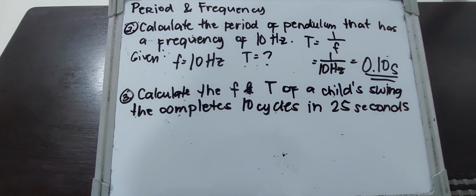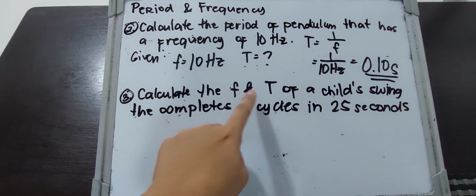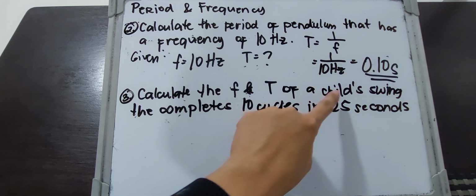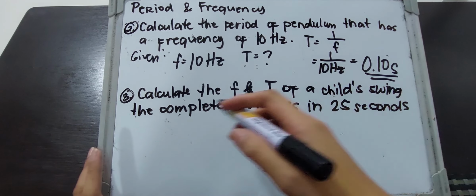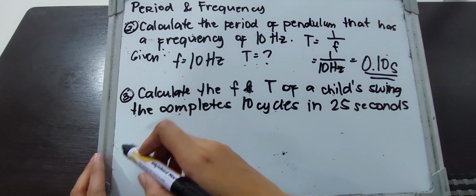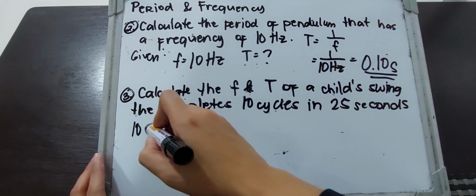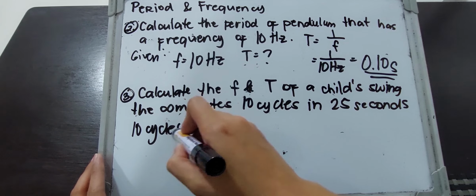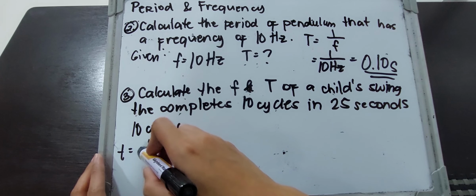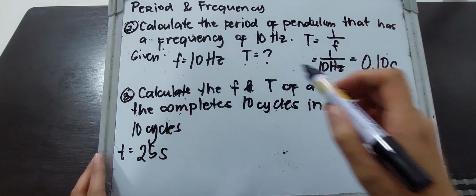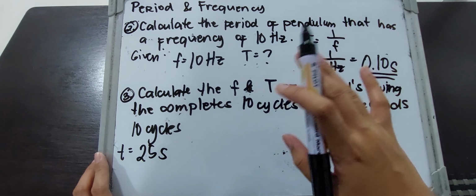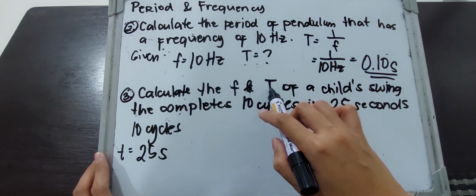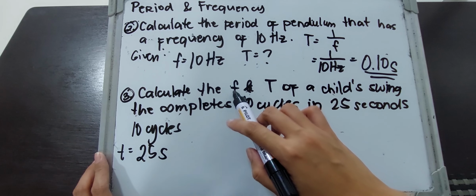So next one, calculate the frequency and the period of a child swing that completes 10 cycles in 25 seconds. So let us all write the given. We have 10 cycles and the time is 25 seconds. So we cannot get, or we will not get, the period if we do not have the value of frequency.